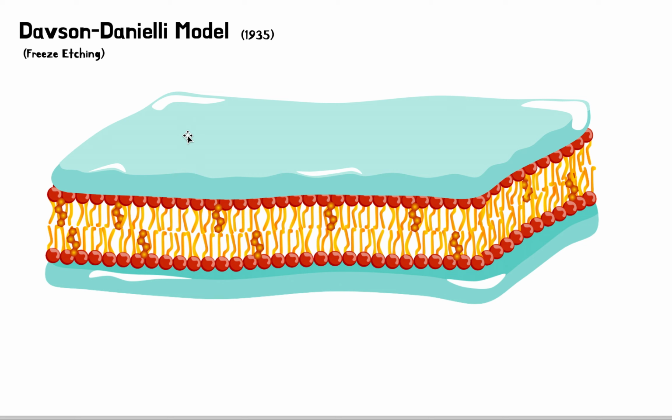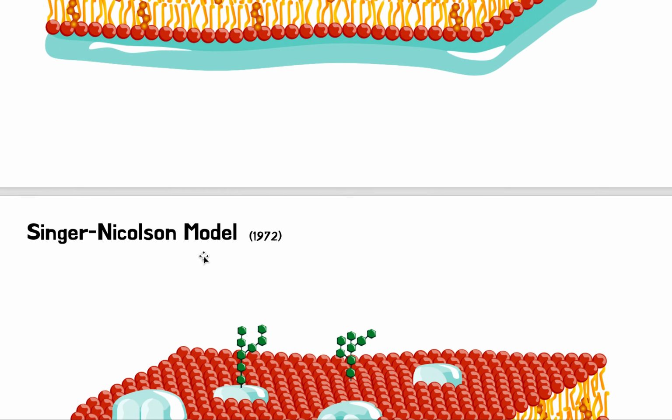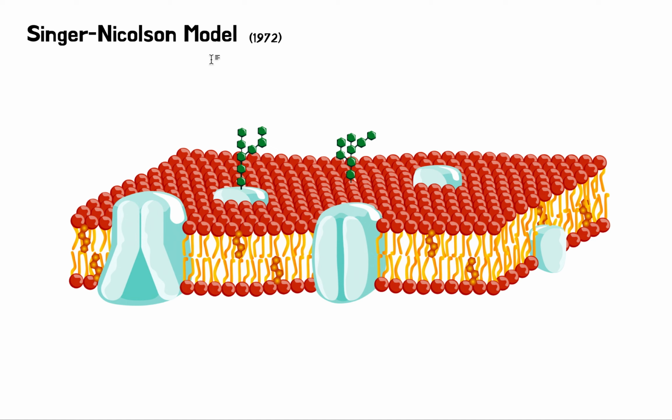So this was later proved wrong by a process called freeze etching, in which they basically showed that no, proteins are not sandwiched on top of the bilayer, but rather located inside, which brings us to the Singer-Nicolson model, which was proposed in 1972, which shows that proteins are not sandwiched on top like a sandwich, but they're located in between, inside the membrane.